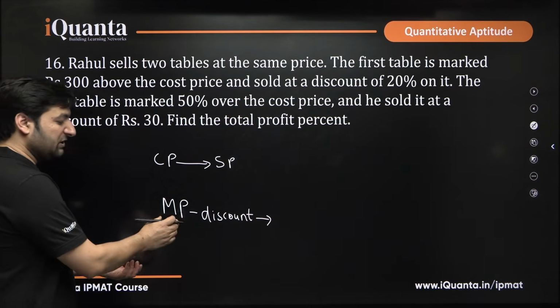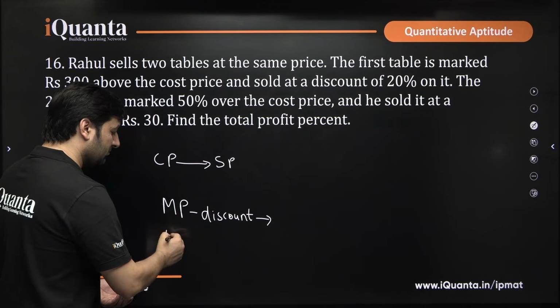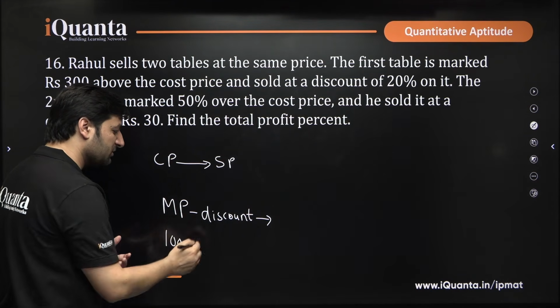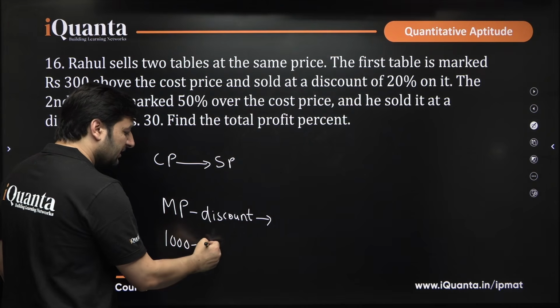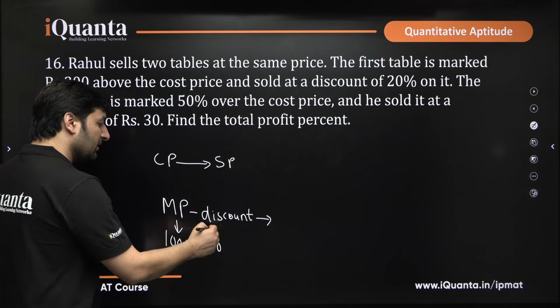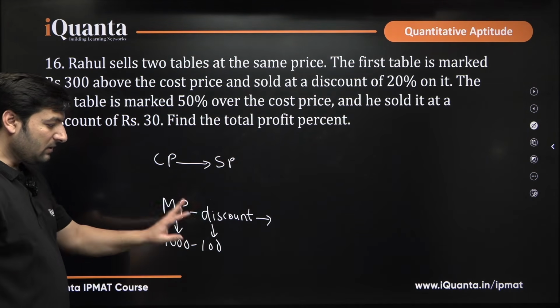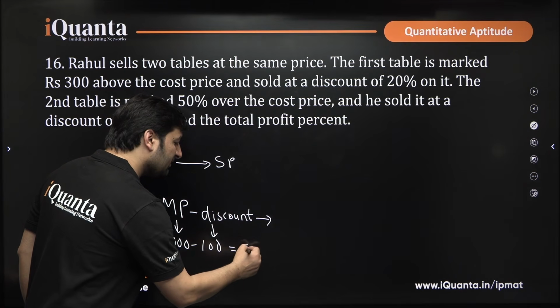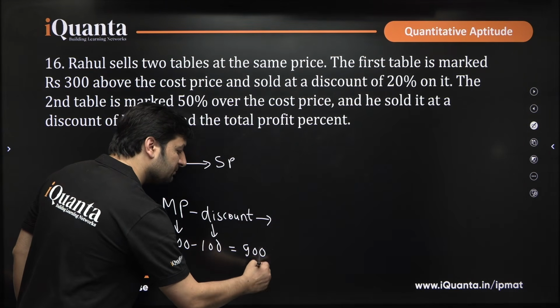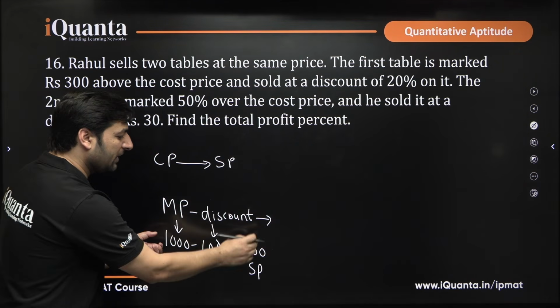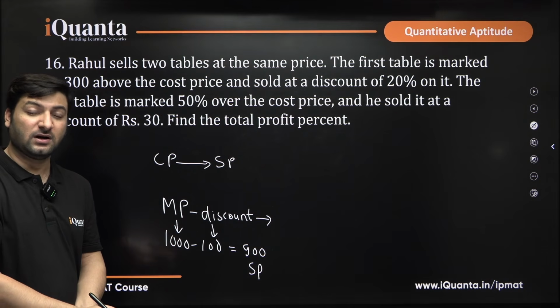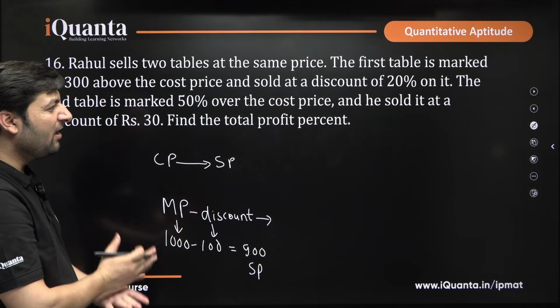Suppose the t-shirt was 1000, this is just an example, not related to this question, I am just making you understand the concept. He gave me a discount of 100, so MP will be 1000, discount will be 100, I will be given the t-shirt at 900. So, when you give discount on MP, it becomes SP. Understood? Now, what is mark price?